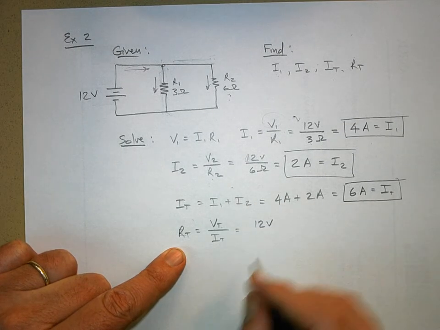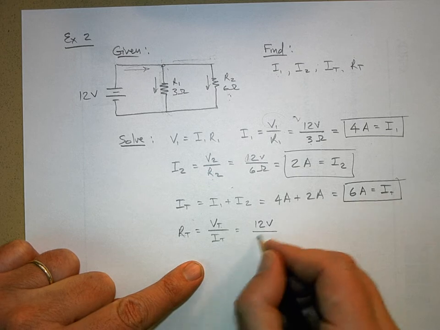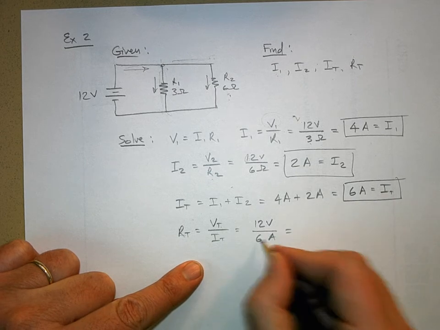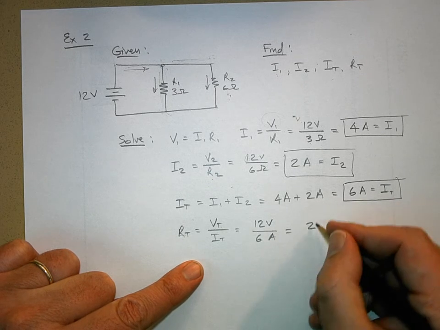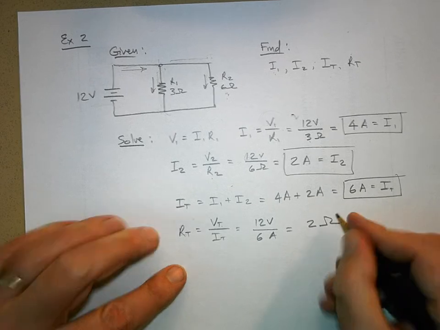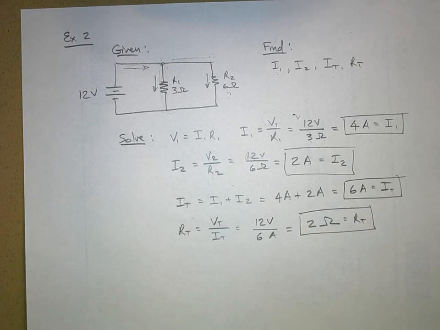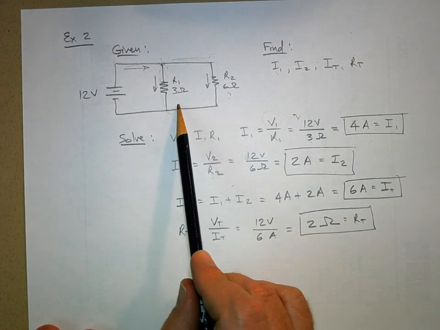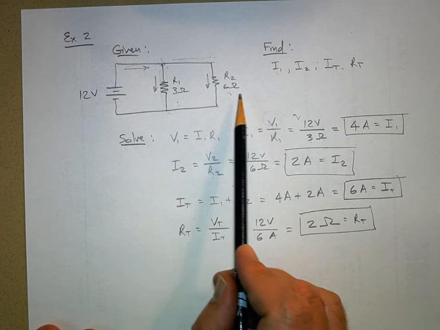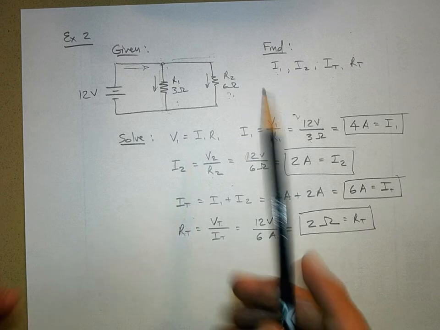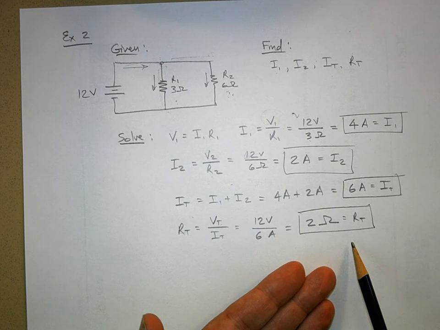Total current turns out to be 6 amps. 12 divided by 6 is 2 ohms. That's my total resistance. So look, I got 3 ohms here and 6 ohms here, but together they result in having only 2 ohms of resistance.